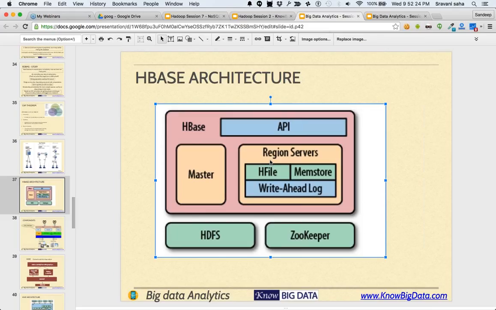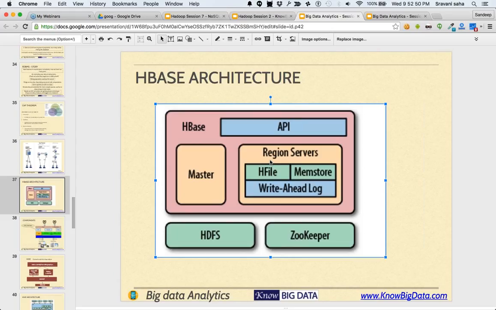The difference between HBase and relational databases is that in relational databases you define a table, but here you don't define a table in terms of columns and their data types. Here you just say that this table is composed of groups of columns, not columns, but groups of columns. You just give them a name. That's it.